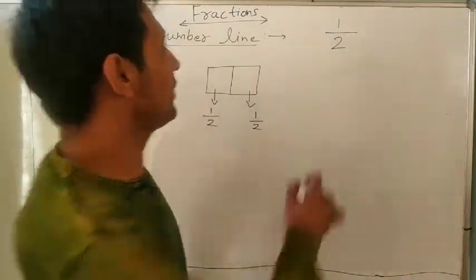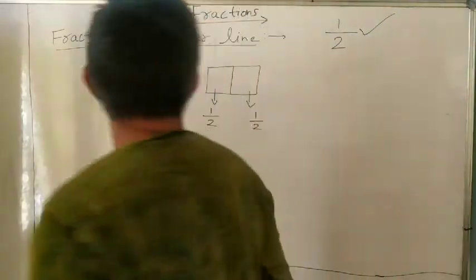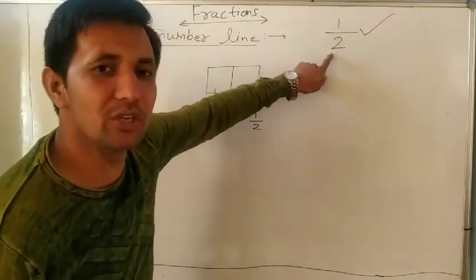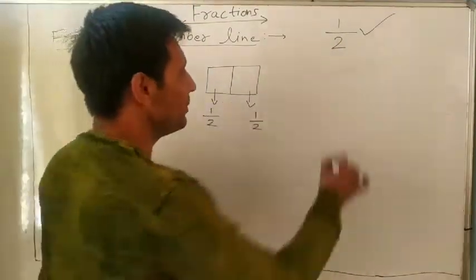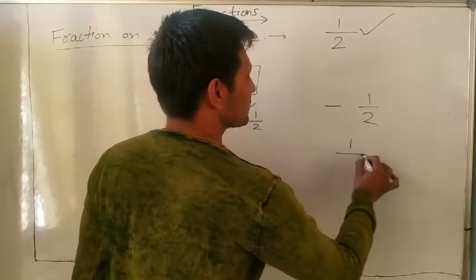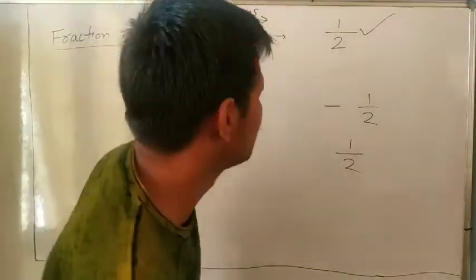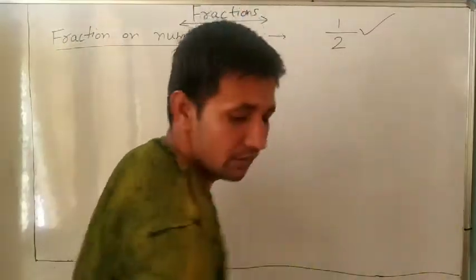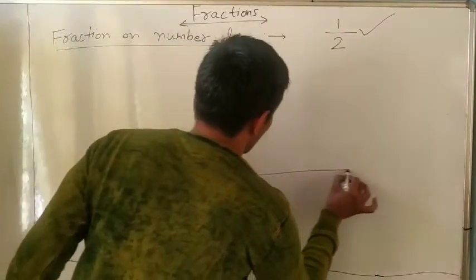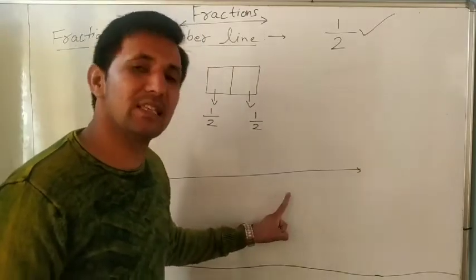But now we want to learn how to represent 1 by 2 on a number line. First we will check that 1 by 2 is positive. Yes, it is positive. Negative means a minus sign, minus 1 by 2. If no sign is in front of 1 by 2, it means it is positive. So now we will draw our number line, with pencil and scale.